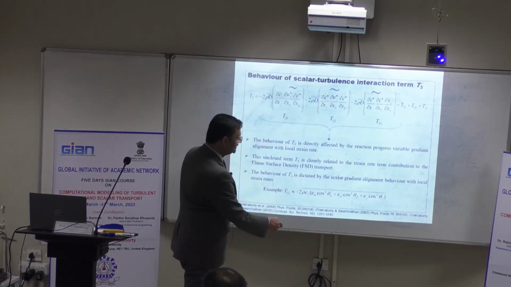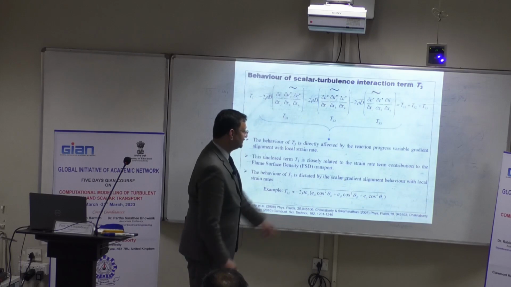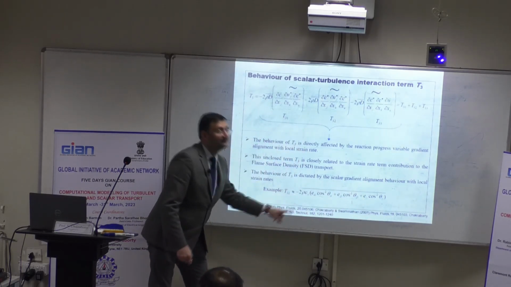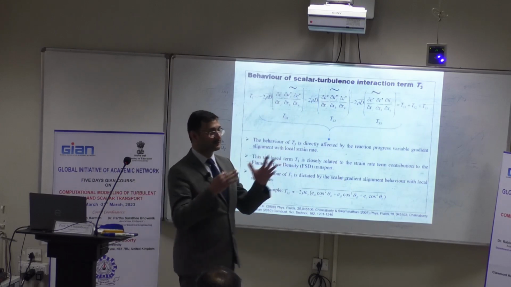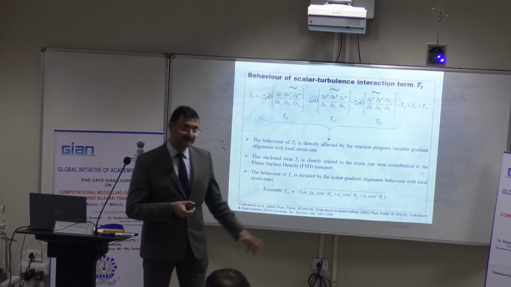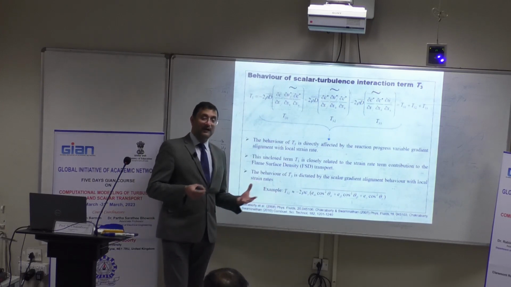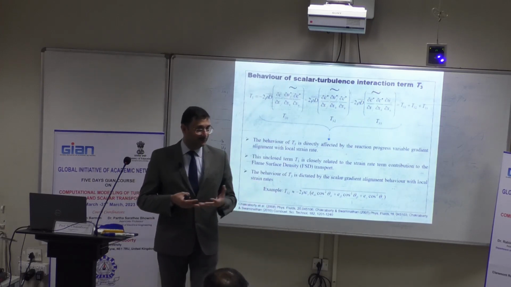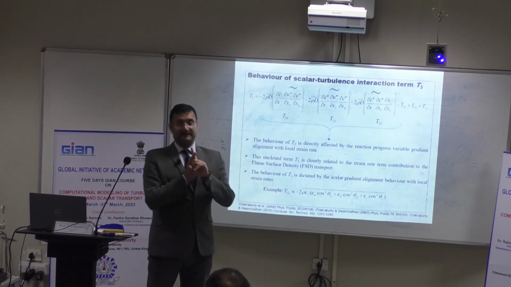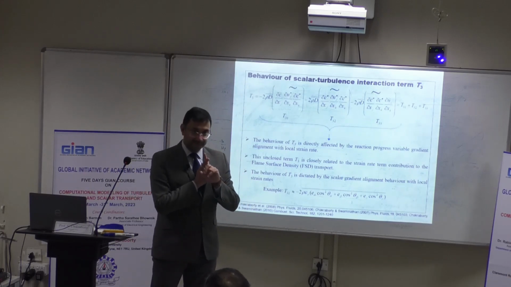So this is the most compressive principal strain rate. That means it's a negative. I have a negative sign, which makes it positive. So the sign of T3 essentially is determined. Now probably you can appreciate why it depends on the relative alignment of scalar gradient and the strain rate eigenvectors. Clear?